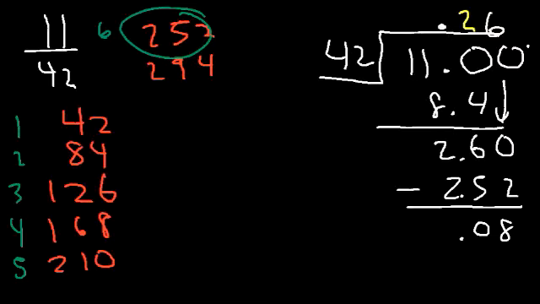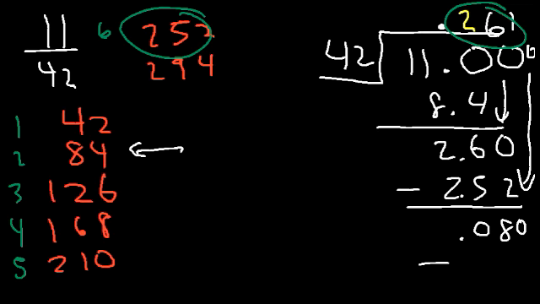If we add another 0, 42 goes into 80 at least one time, because 2 times is too much. 84 is greater than 80, so it goes in at least once. Now at this point we can stop. 0.261 is good enough.